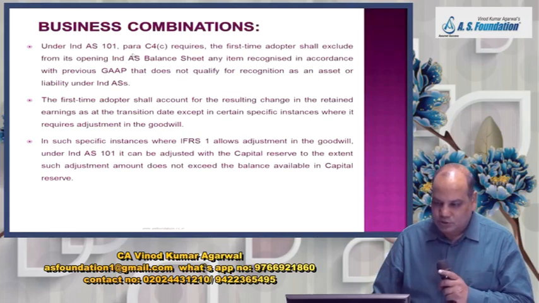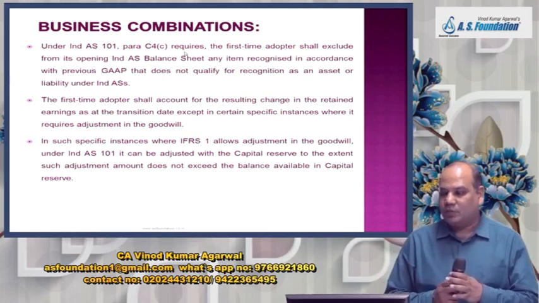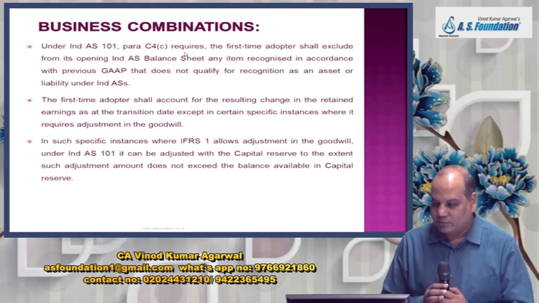Last is business combination. Under Ind AS 101, para C4, subsection C requires first time adopter shall exclude from its opening Ind AS balance sheet any item recognized in accordance with previous GAAP that does not qualify for recognition as asset or liability under Ind AS.